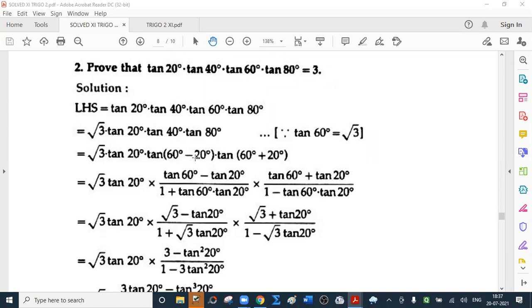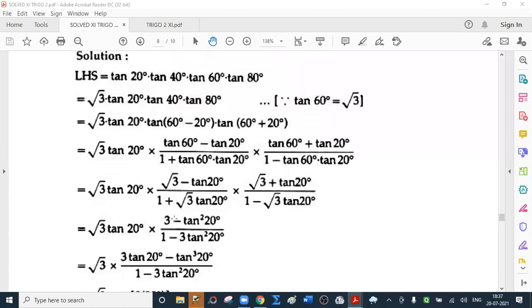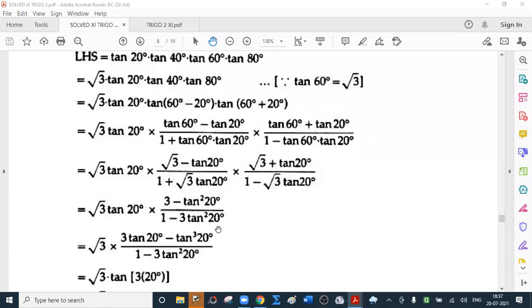Apply tan of alpha minus beta and tan of alpha plus beta. Now, what is the numerator? See this, a minus b, a plus b, which is a square minus b square. What is tan 60? Root 3. Root 3 square is 3. So 3 minus tan square 20. What about the denominator? 1 minus 3 tan square 20.